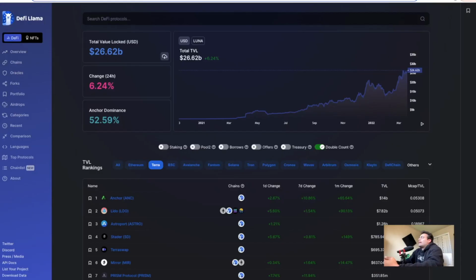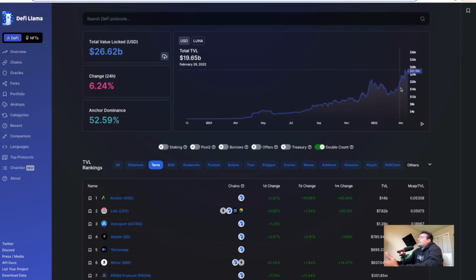And if we go back over to DeFi Llama, we can see right in that same area, February 20th to 30th, that's when the total value locked really went crazy. We're talking about almost a 50% increase here, just in the matter of a few weeks, right?